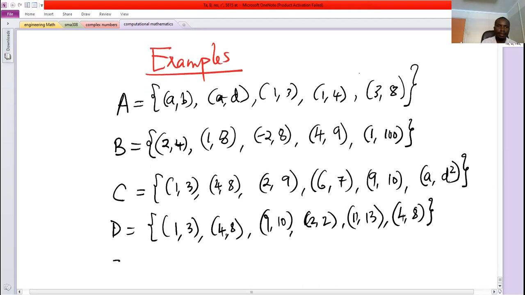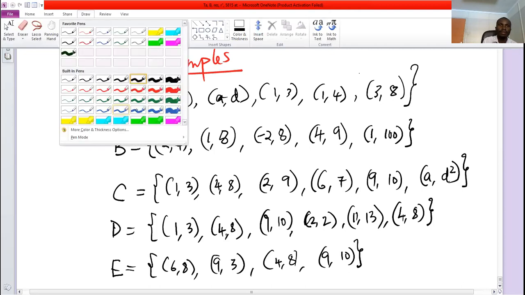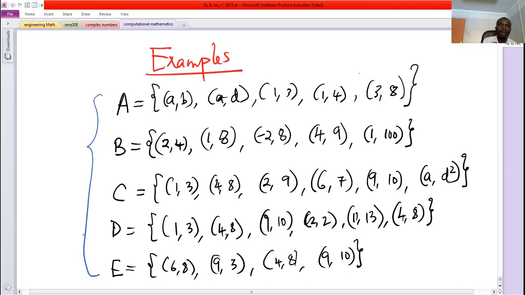And if I have E: (6, 8), (9, 3), (4, 8), and (9, 10), this is another example of a relation. So all the things I've listed here are examples of relations.